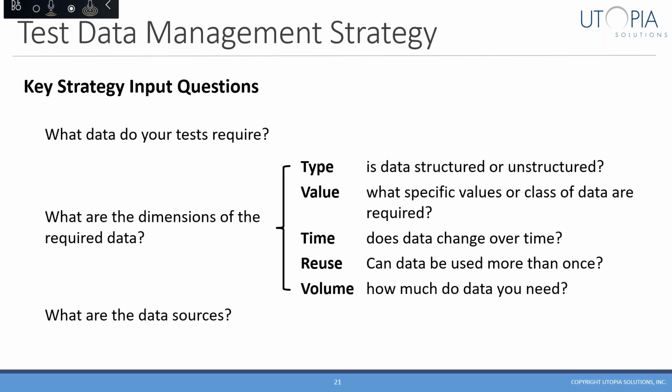And over time, those levels get depleted, and eventually that data can no longer support a test objective. Finally is, where does the data live, right? If we're going to possibly develop a strategy to manage it, we really need to understand where it's coming from so we can evaluate our options for controlling it.